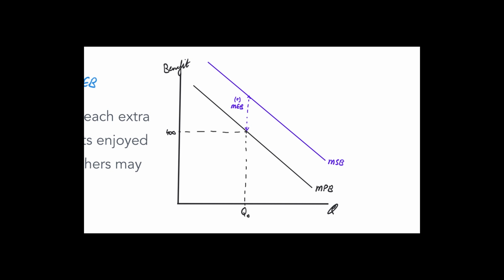All right. So in a way, the social benefit is greater. If this was my demand curve and this was my D1, I would have said the demand has increased. But the demand is not increasing. We're just looking at the social benefit, which is actually greater than the private benefit.